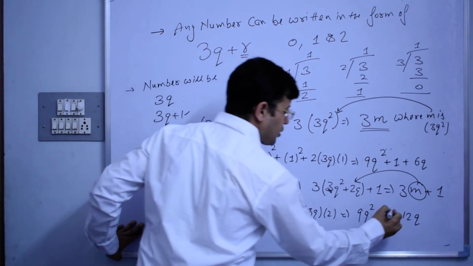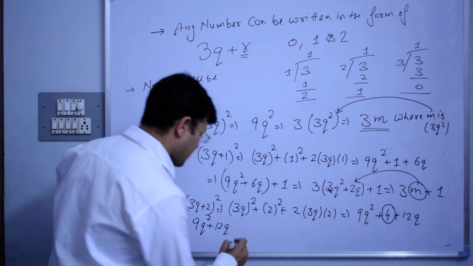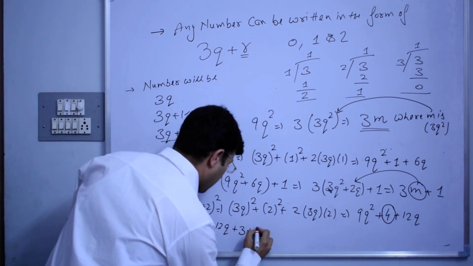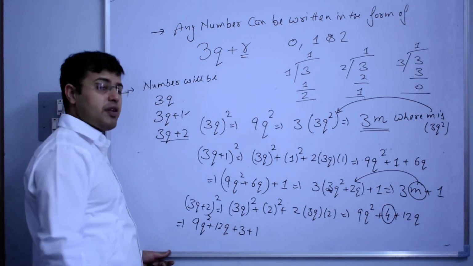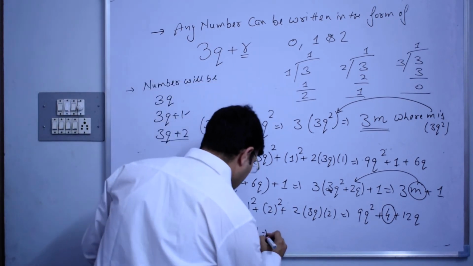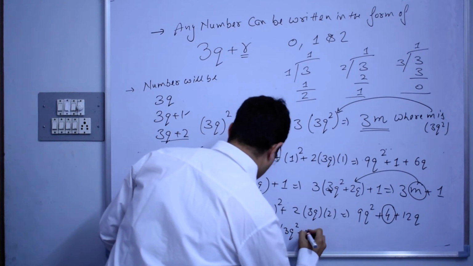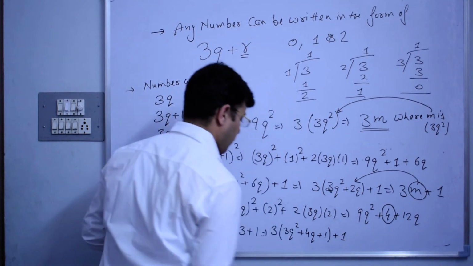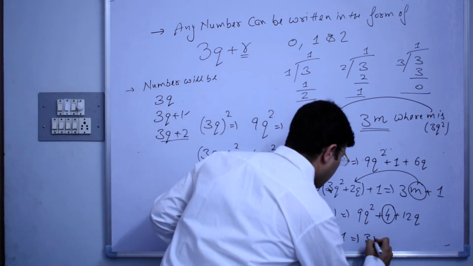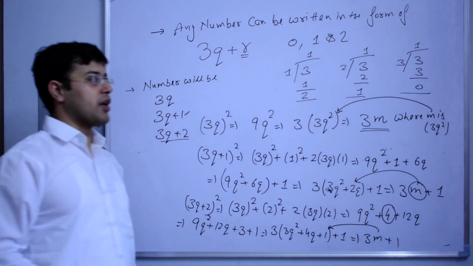Now this is the most important step. Now this is 4. Can I write it as 3 plus 1? Of course I can. So instead of writing 4, we will write it as 3 plus 1, so that we can take 3 common from here. So now this will be 3 into 3q square plus 4q plus 1, plus 1, which is again in the form of 3m plus 1, where m will be this bracket.